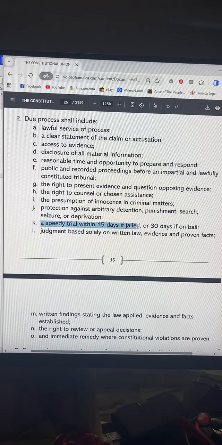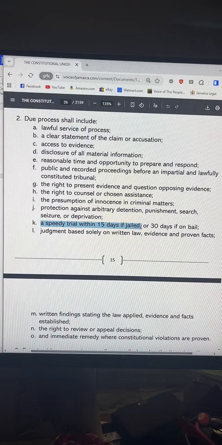you now have the option to demand a speedy trial, right? Because there is absolutely no reason for someone to sit in jail based on an accusation. If one is to be sentenced or tried, whatever the case may be regarding court, we must have a specific time frame where it can be resolved quickly, right?